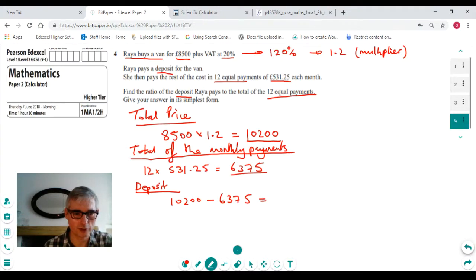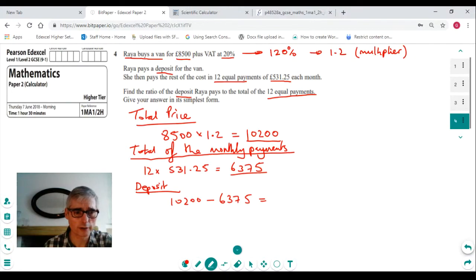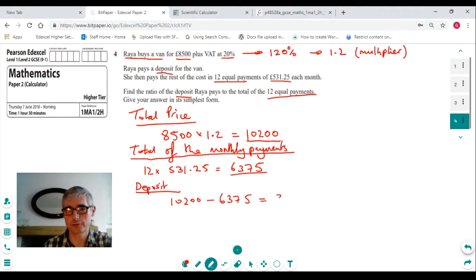Because we're on a calculator paper, we're going to subtract them on the calculator just to make life easier for us. So we're going to say 10,200 minus 6375. And there we go. We've got 3825.